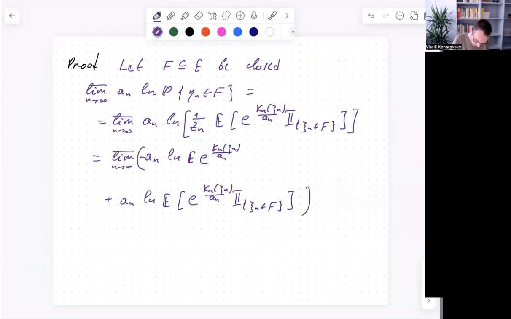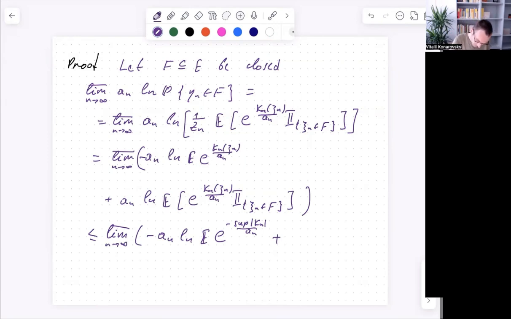Therefore, we will get the limit as n goes to infinity, and here you have minus an logarithm of the expectation of e to the power minus supremum of the absolute value of Kn divided by an, and plus.